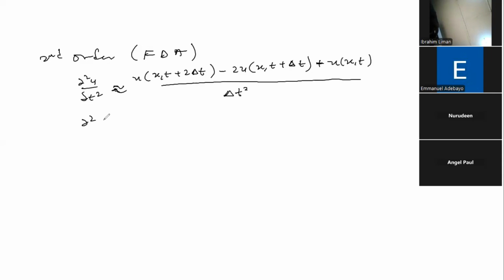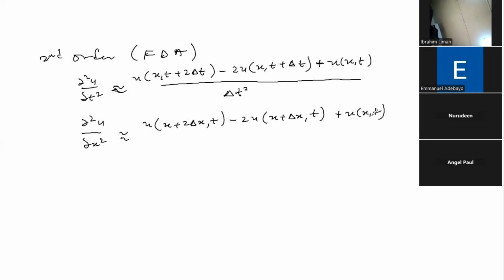Then to discretize the second order space derivative, d squared u by dx squared will be approximately u(x+2dx, t) minus 2u(x+dx, t) plus u(x,t), over dx squared.